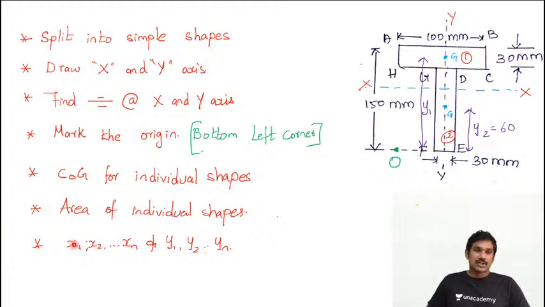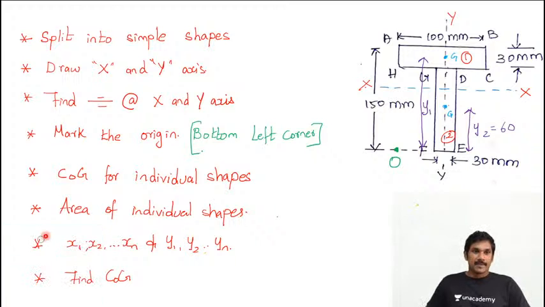Here the x1, x2 values are not required because the y-axis is at its position. We have to find only y1 and y2, where y1 is 135 and y2 is 60. So the next step is to find the COG directly.